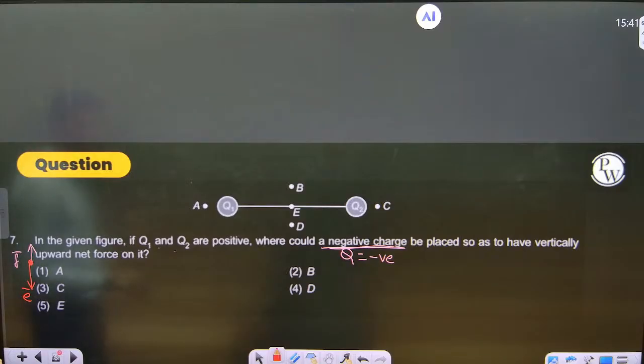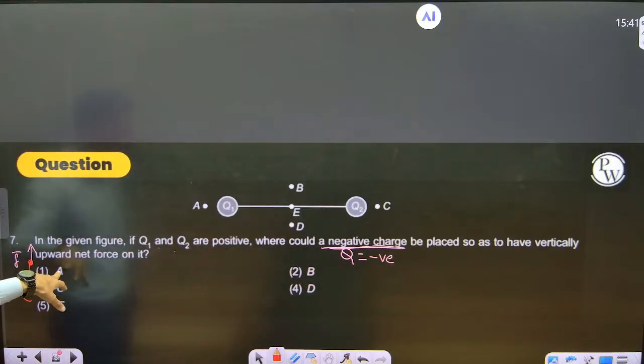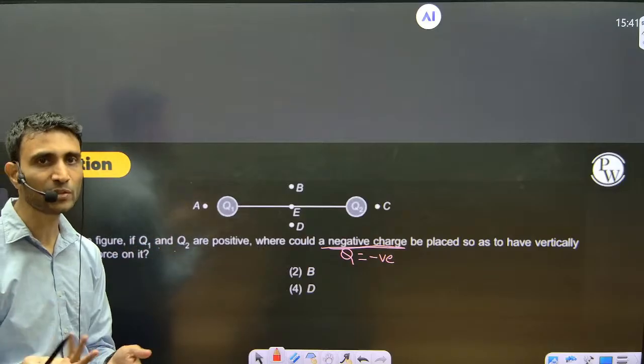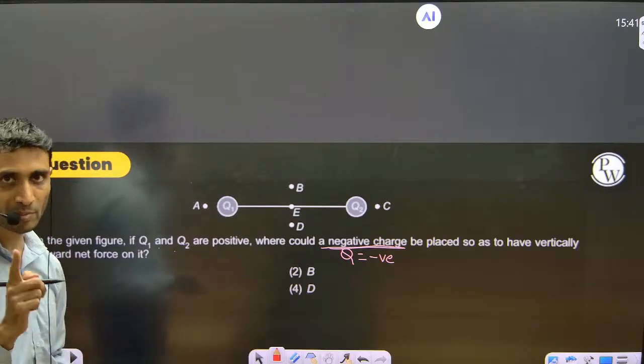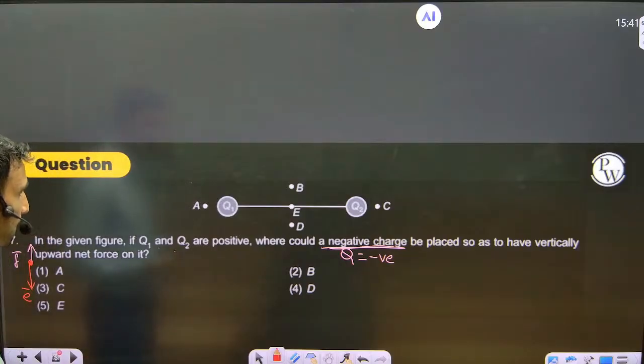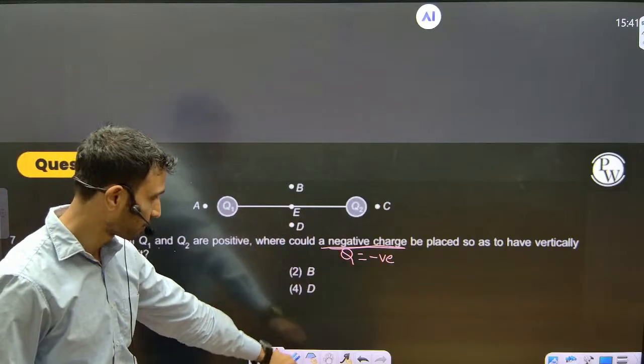Agreed? Because the charge is negative, I want the force to be upward. On a negative charge, when is force upward? When the electric field is downward. Makes sense, right? The electric field must be downwards. Now let us find out at which point the electric field comes out to be downwards, right?